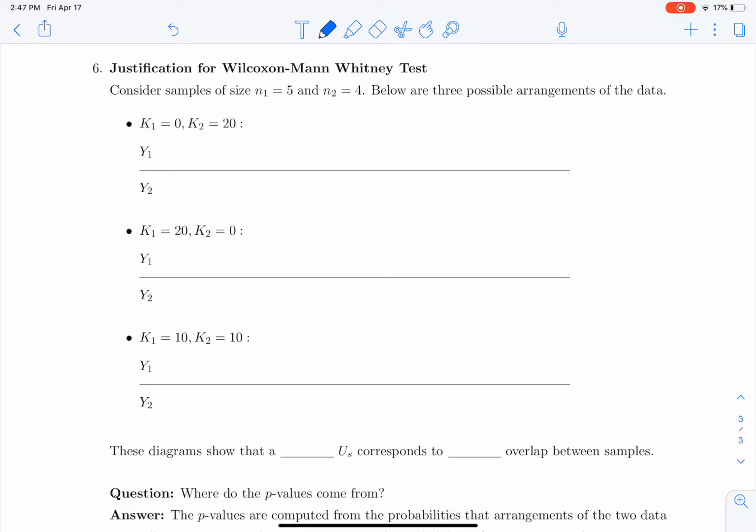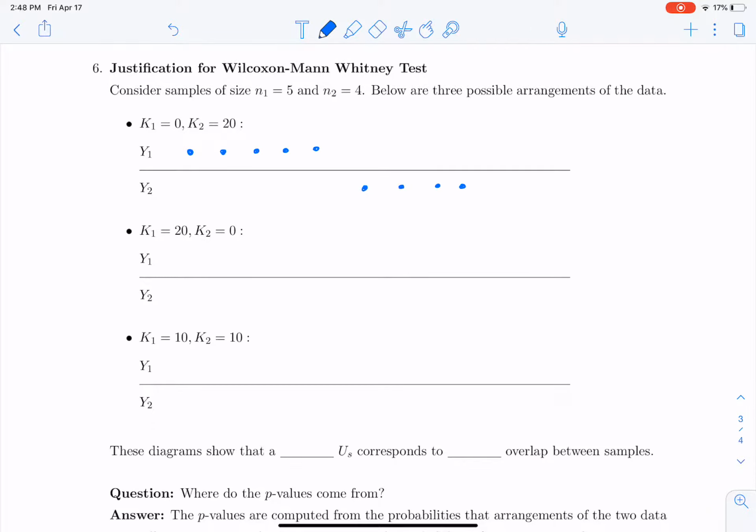So I'm going to consider a sample size where I have 5 from one group, and a sample size of 4 from the other group. Instead of putting in the numbers, I'm just going to put in the arrangements of where these data points could occur. For example, if K1 is 0, that would mean that all of the samples from the first group would have to be less than the samples from the second group.